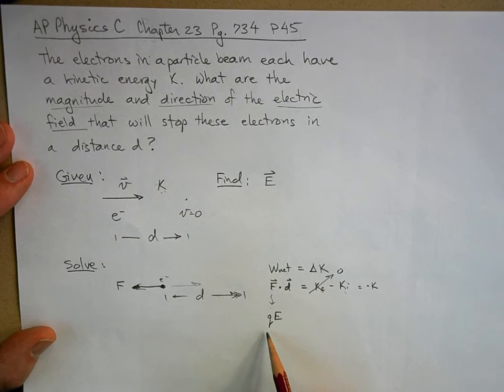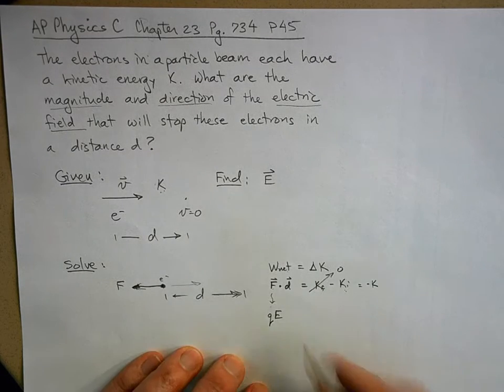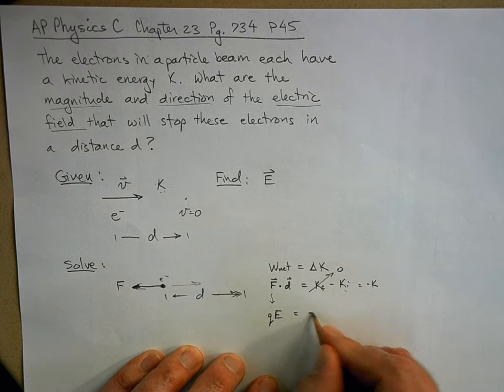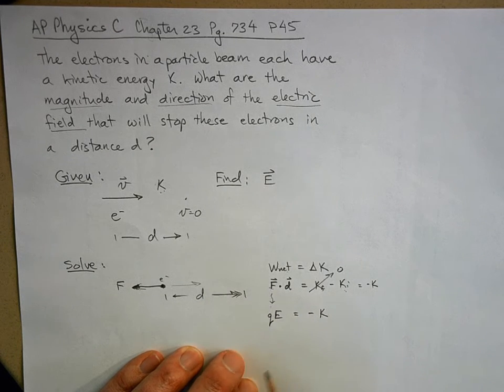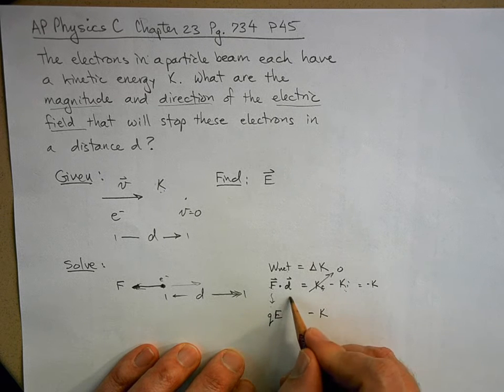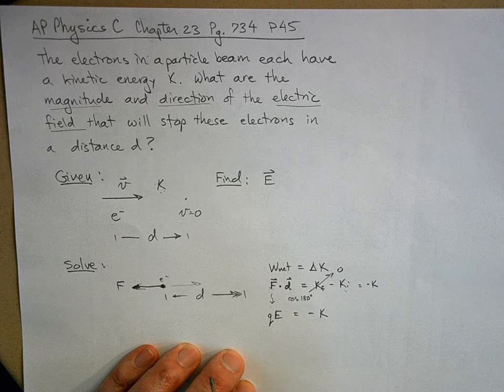Now I'm going to use Q here, but I think the book used lowercase e for the charge on the electron, which is just fine as well. And this is going to be equal to negative K. But we're saying these are in the negative direction, so you've got a cosine of 180 degrees there when you do a dot product.